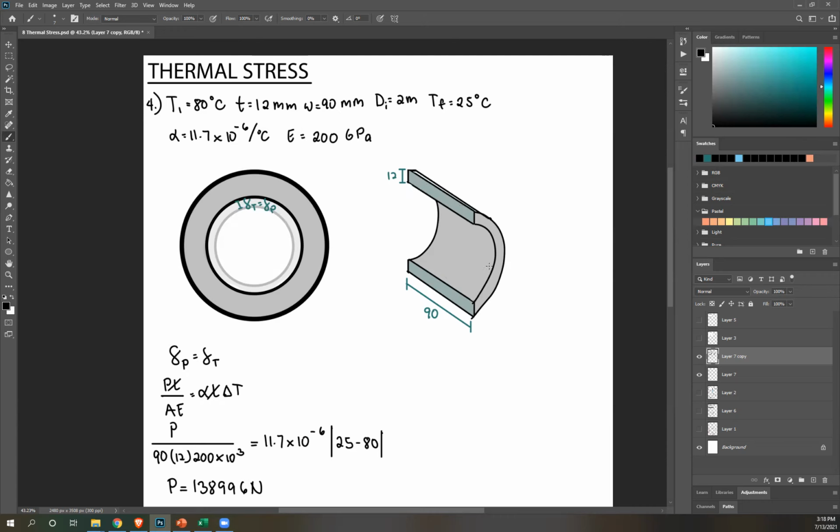So this figure should be a bit familiar to you guys because that's also the same figure we have for thin-walled cylinders.